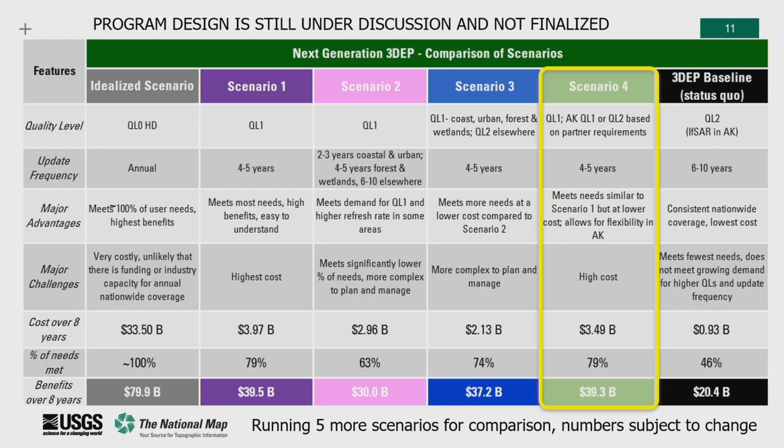So the 3DEP next gen, or however we end up referring to it, was conceived from the 3D Nation study, and a lot of people within North Carolina and every state participated in the 3D Nation study. It was collecting needs from state, local, and federal agencies for elevation data and for bathymetric data, which is kind of a new aspect of this.